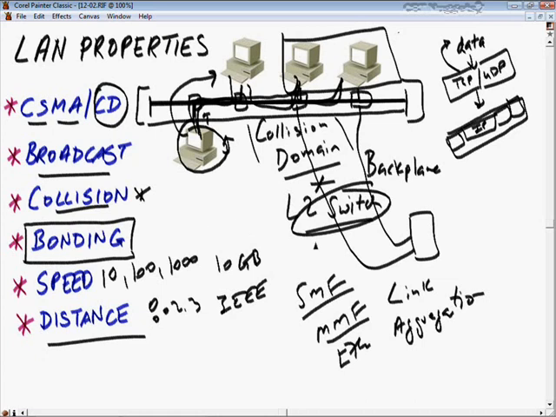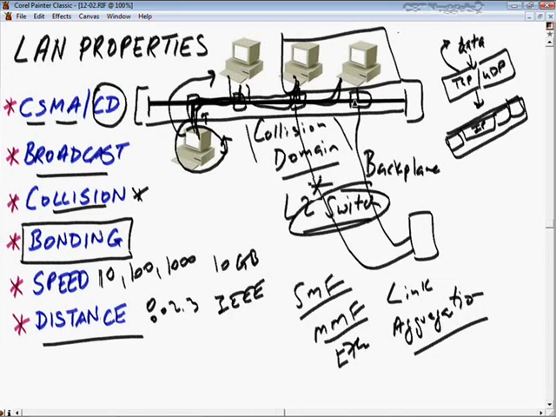So bonding or link aggregation is commonly used between servers and network devices to increase the ultimate bandwidth of the communication between that node and the other nodes on that collision domain.